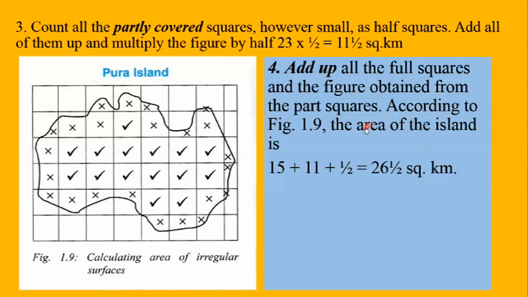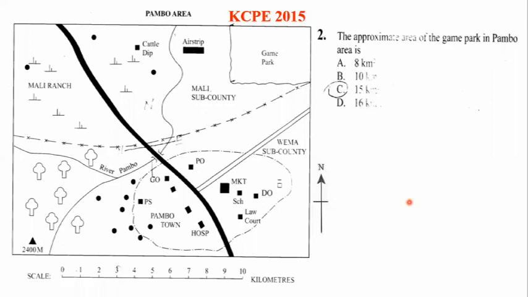So to get the area of the island, it will be 15, these were the full squares that we had counted before. Then you add the 11, that is 11 and a half. Then your answer you'll get is 26 and a half square kilometers. So that is how we work out area of irregular shapes that are represented on the map.